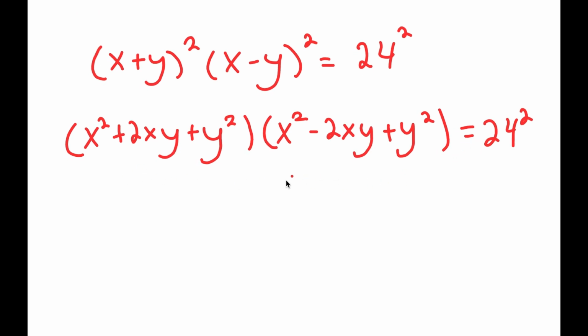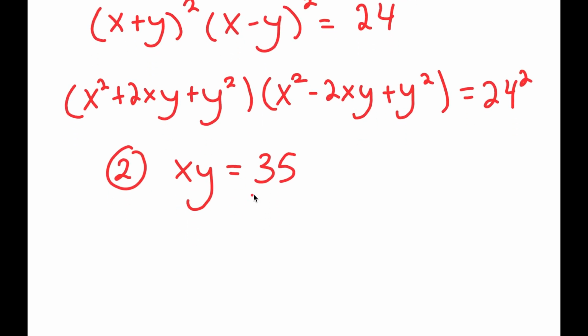And now, from here, I'm going to use my second equation, which is x times y is equal to 35. And what I'm going to do is plug this value into here, because notice how we have x times y right here and right here.